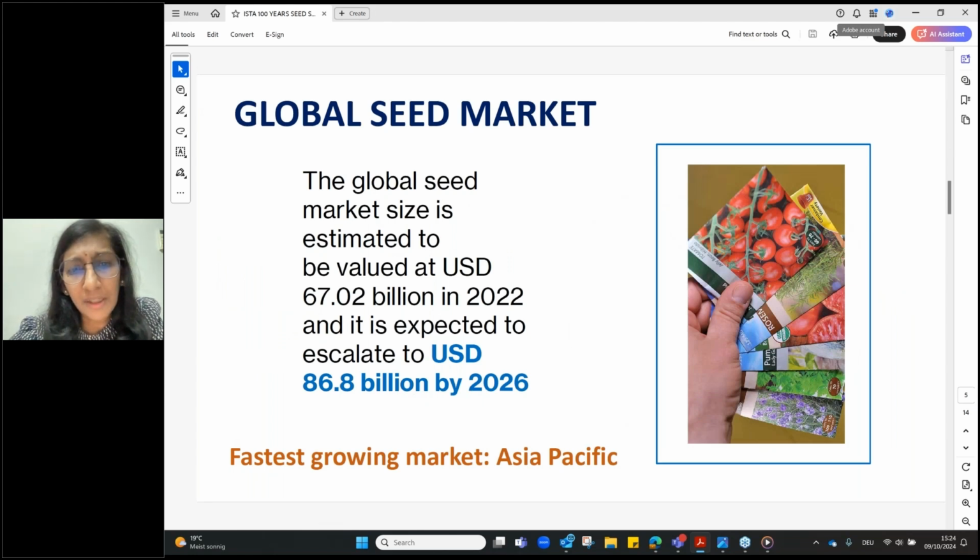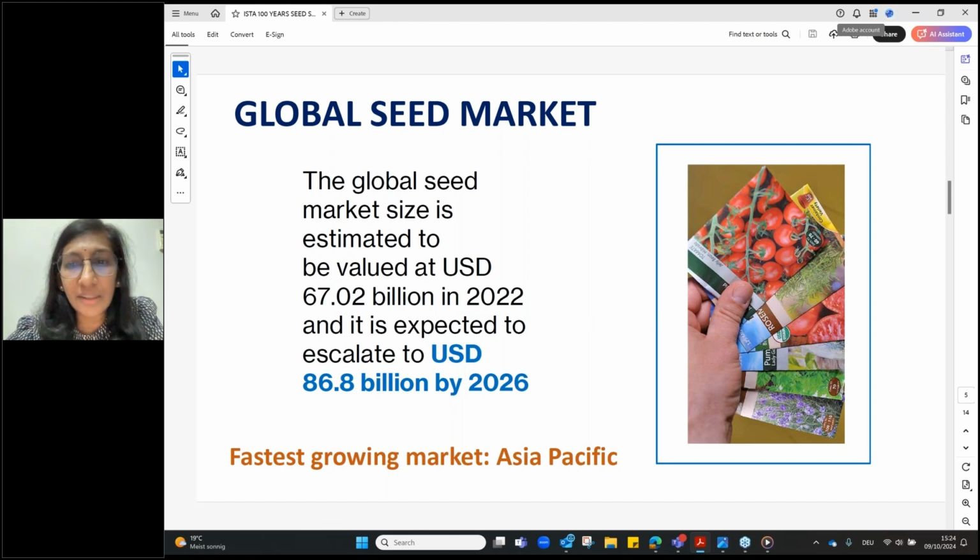Okay, so we can see the growth in the global seed market. Talking about the importance of seed, this is very much depicted in the values that we see here. In 2022, the value of the global seed market was estimated to be 67 billion, and by 2026, it escalates to 86.8 billion.